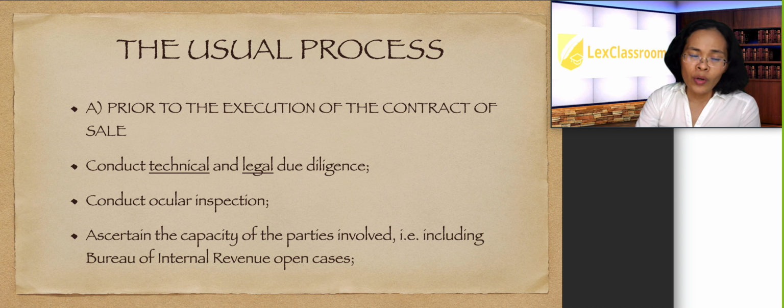And you have to remember that again, not all lands could be alienated to a private person. For example, those protected areas or landscapes in which no sale is allowed. And it's really my advice that you should conduct an ocular inspection of the land, especially those Filipinos working abroad.